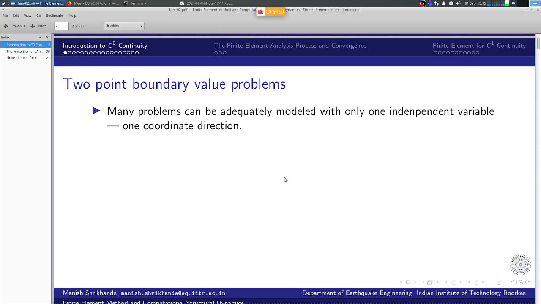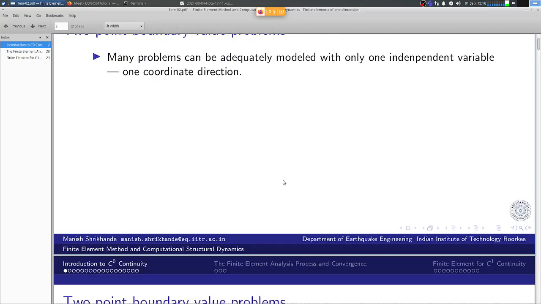So that is what we call as two-point boundary value problems. So the domain is defined by two boundary points, and whatever is in between, that is the domain of the problem. So many problems can be adequately modeled with only one independent variable, and hence it is described by one coordinate direction.